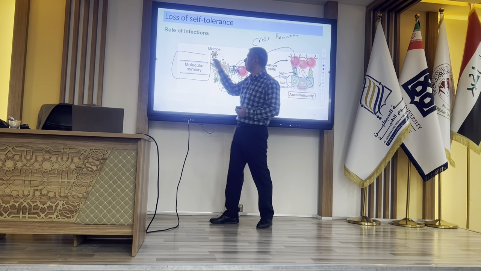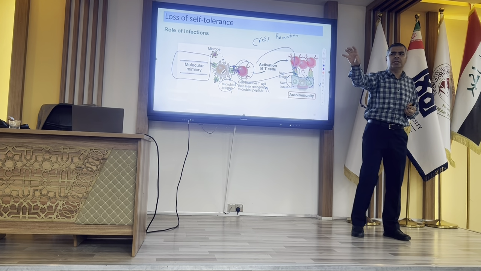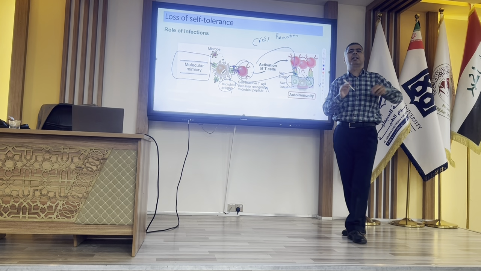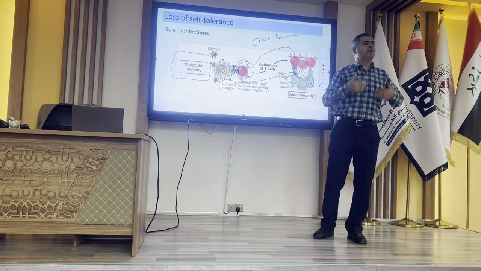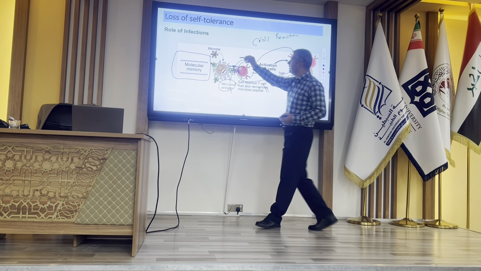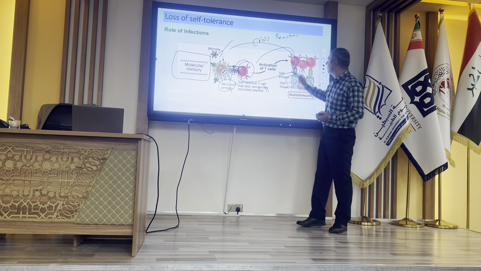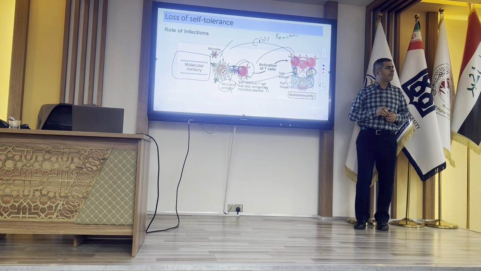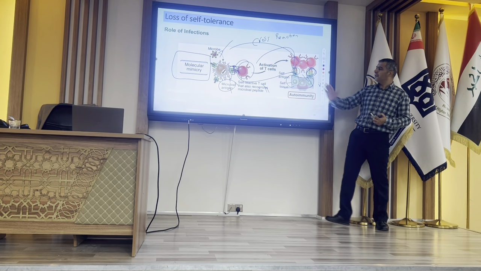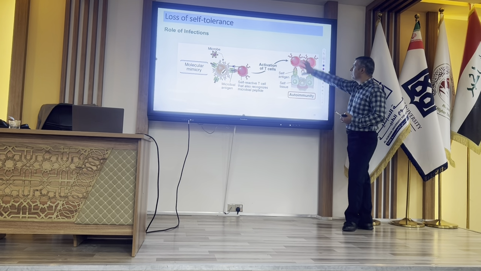So molecular mimicry means that there is similarity between the antigen of microorganisms and self-antigens. And as a result of production of TCR or antibody against this microbe, we have cross-reaction between this antibody or TCR and self-antigens. Before entrance of the microbe, we had tolerance.